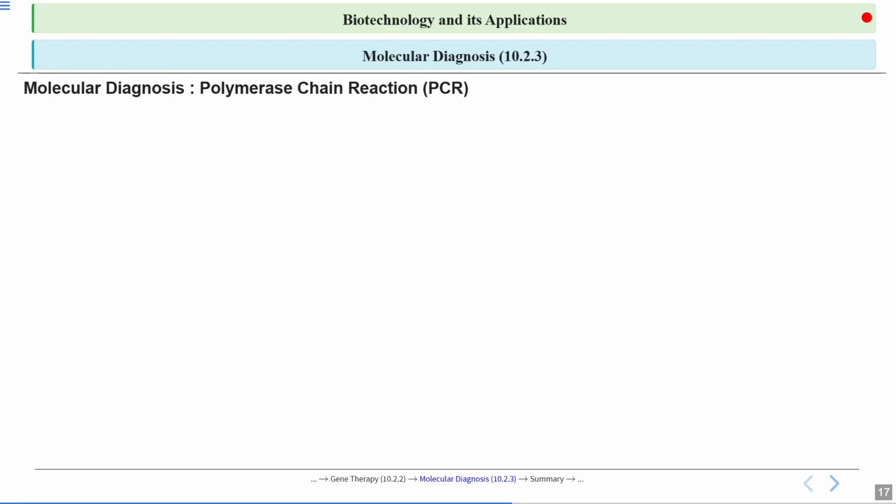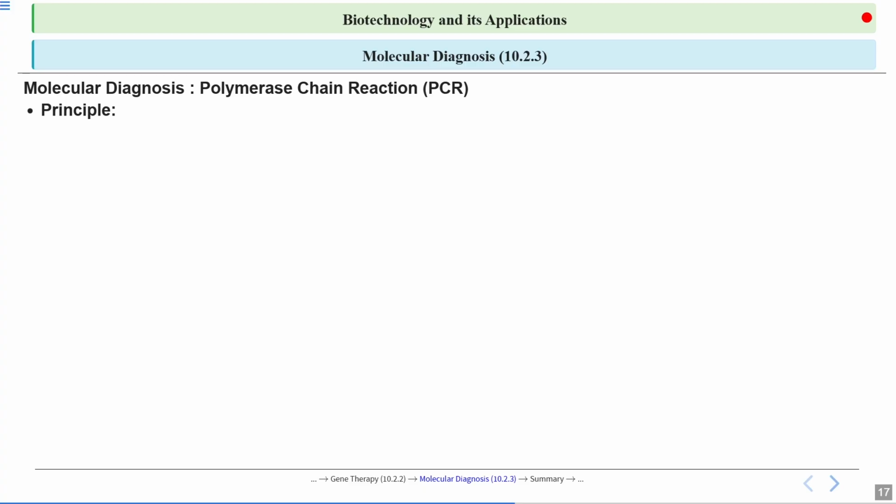So if there is a patient with a pathogen, and even if that pathogen is in a very small amount, this polymerase can amplify that pathogen's nucleic acid, and we will get the idea that this person is infected with this pathogen, and it's going to multiply in upcoming days. So we can treat it beforehand so that the person doesn't have to suffer a lot, the concentration of pathogen remains limited, and the symptoms don't get so worse.